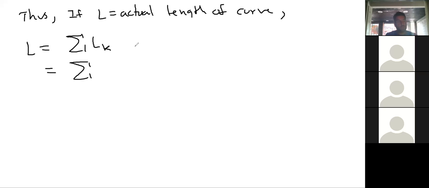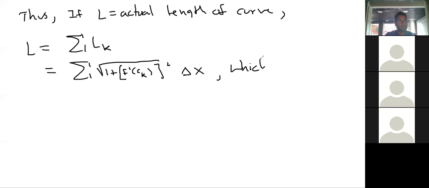These L sub k's are the square root of 1 plus f prime of c sub k, quantity squared, delta x. And this is a Riemann sum.